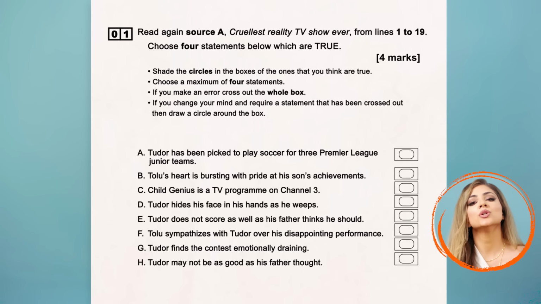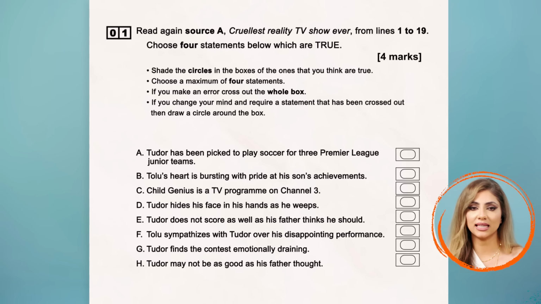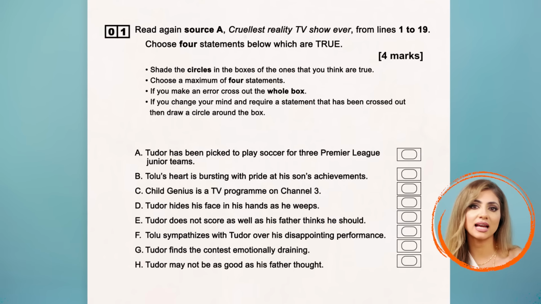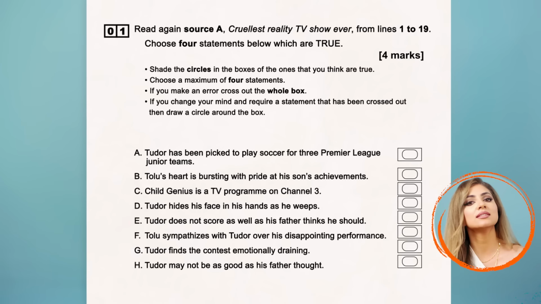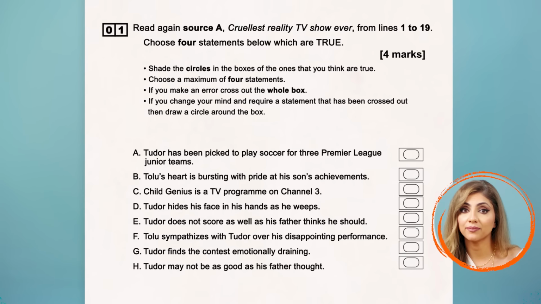Keeping all of that in mind, let's have a look at our statements. A. Tudor has been picked to play soccer for 3 Premier League junior teams. B. Tolu's heart is bursting with pride at his son's achievements. C. Child Genius is a TV program on Channel 3.